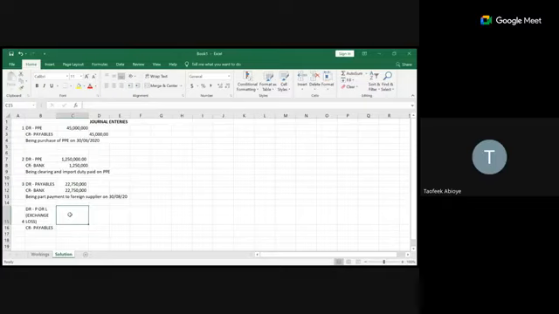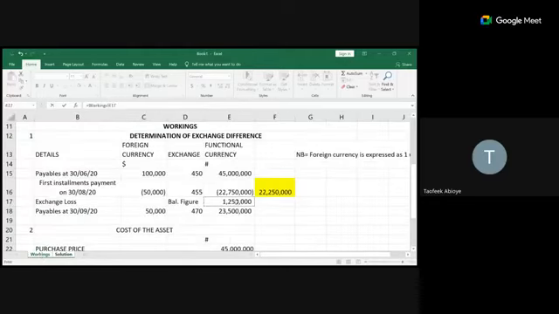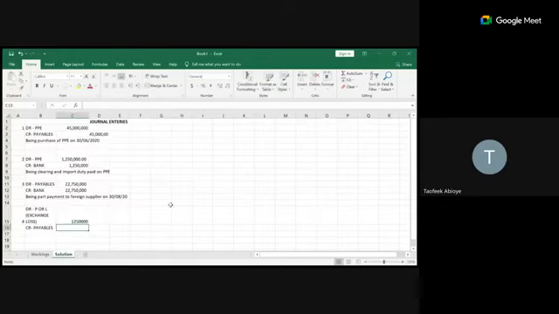So how much is our exchange loss? Let's link it. This is our exchange loss: 1,250,000. So I think we also link this one too.